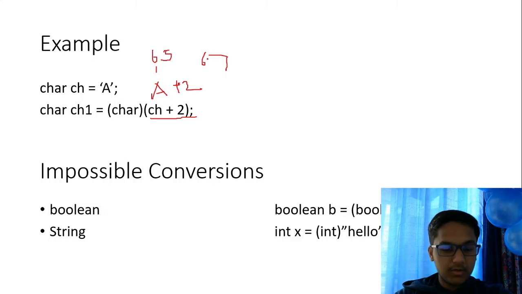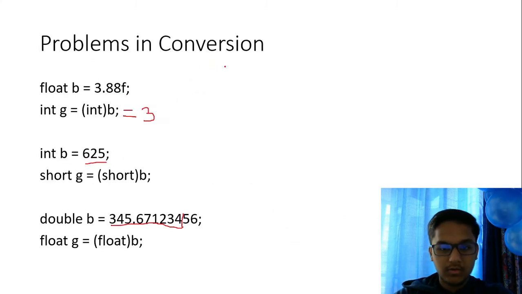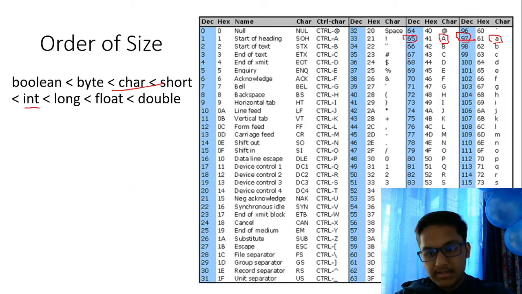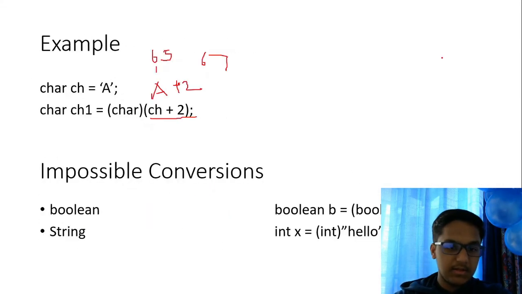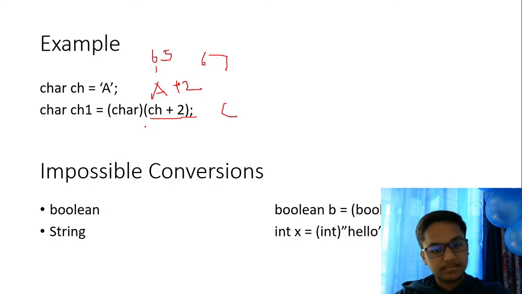And then we are converting the 67 explicitly into character, which is a smaller data type as compared to integer. So the value of 67, according to the Unicode character, will be C. So you can see 67 is C. So character ch1 will store the value of capital C. So you can see in this example how there's both implicit and explicit type conversion implemented.